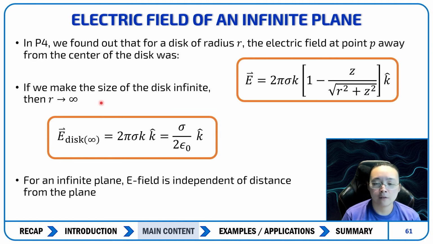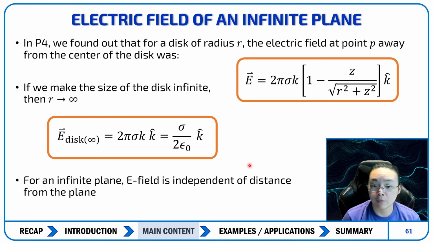So we're trying to make a disk of a certain radius extremely large to make it an infinite plane. If we take a look at that, we then have this term going towards a very large number, which means this is just going to go to 0. So in that case, we have 1 minus 0, or essentially 1, so we end up with 2 pi sigma k, and just remember k is also 1 over 4 pi epsilon naught, so we can replace that and end up with sigma divided by 2 epsilon naught.